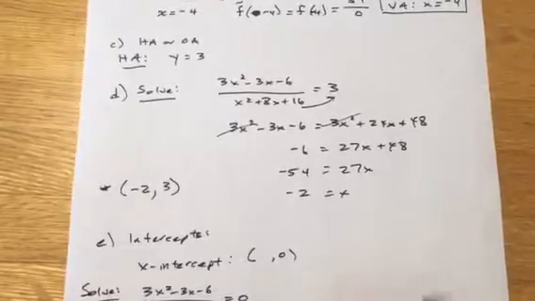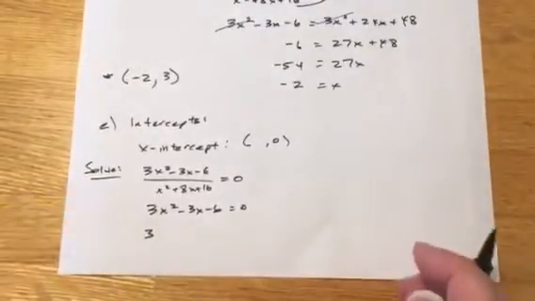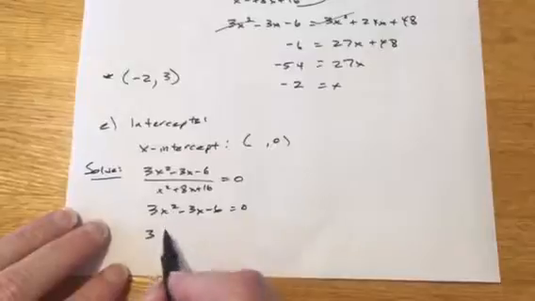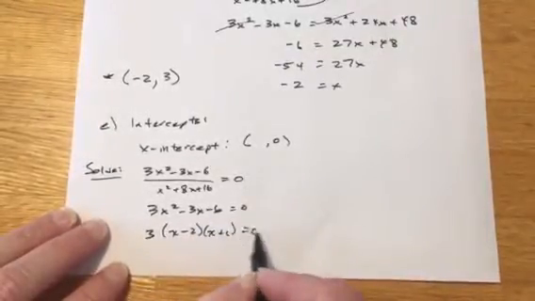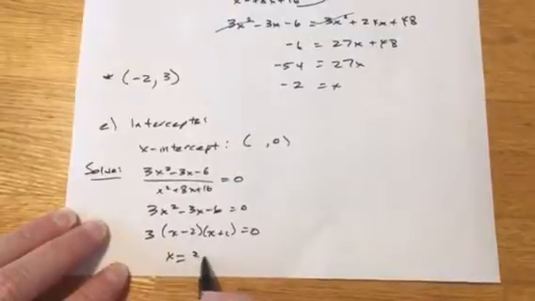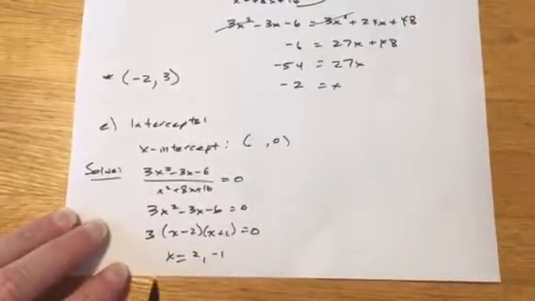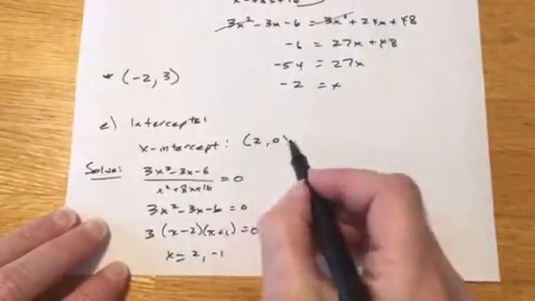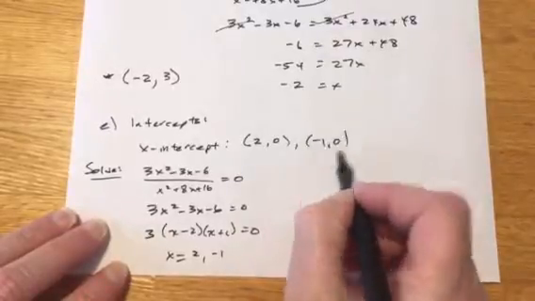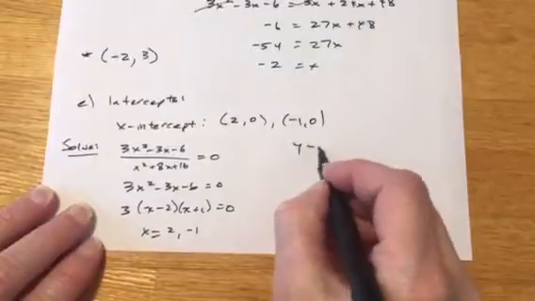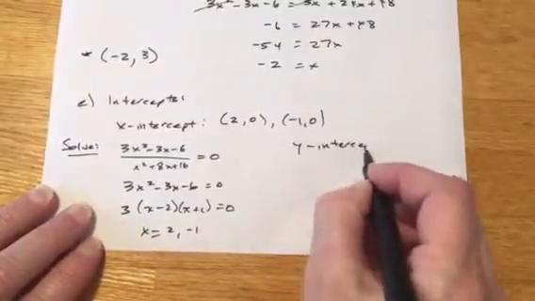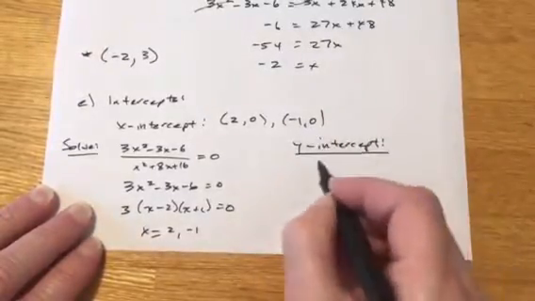We already factored this to start, so I'll just copy that from above. And so clearly at 2 or at negative 1, we have intercepts. So we have 2 comma 0, negative 1 comma 0. Okay. And then finally for y-intercepts, right, we just plug in 0.